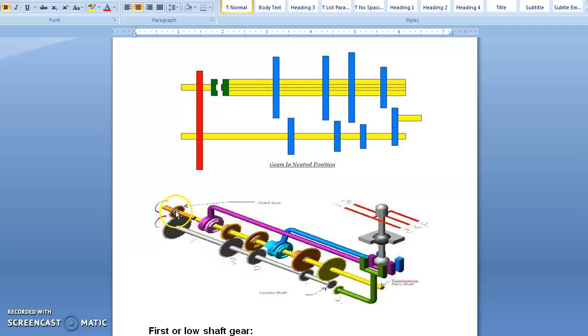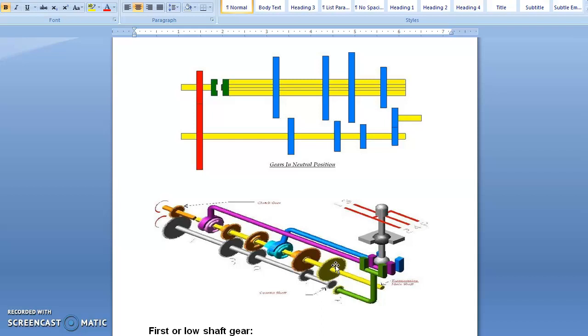The clutch shaft rotates, and as it is constantly meshed with the counter shaft, the counter shaft also rotates. But as no gear of the main shaft is engaged with a counter shaft gear, the main shaft is not going to rotate. So no power is transmitted from the counter shaft to the main shaft, and the vehicle is in idle condition.